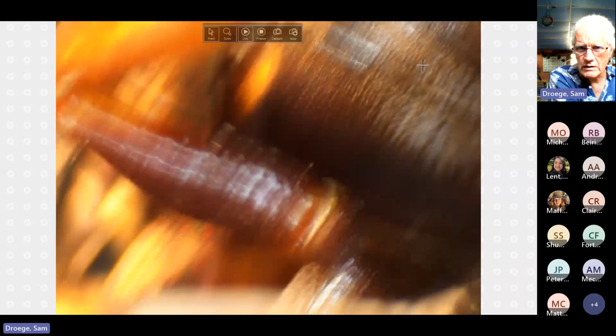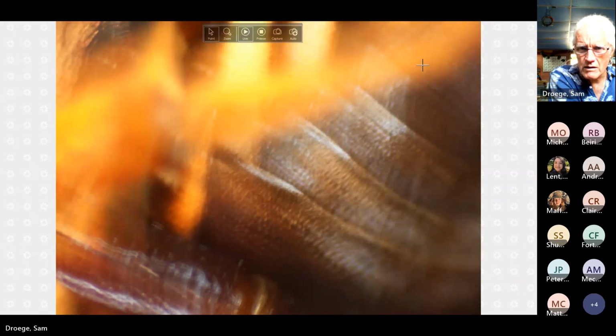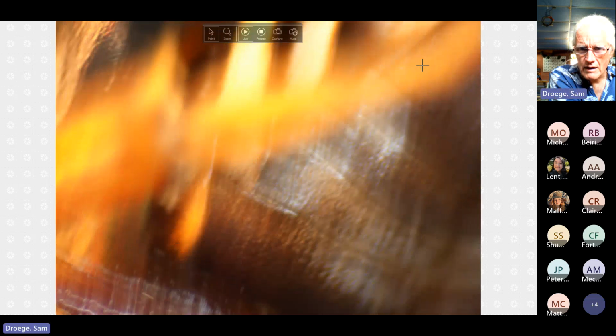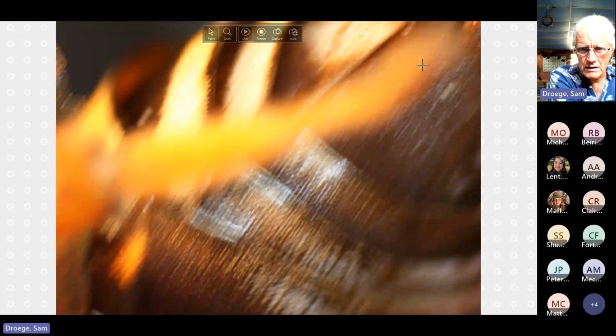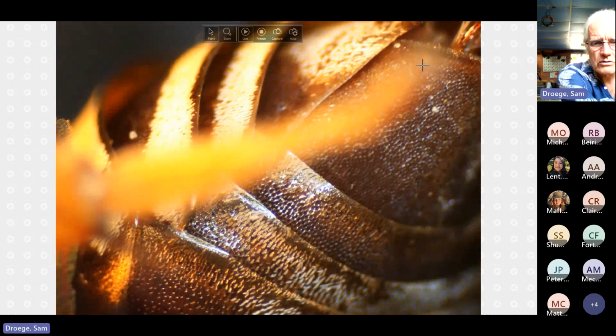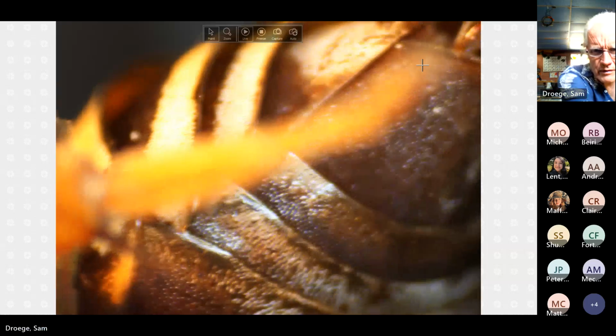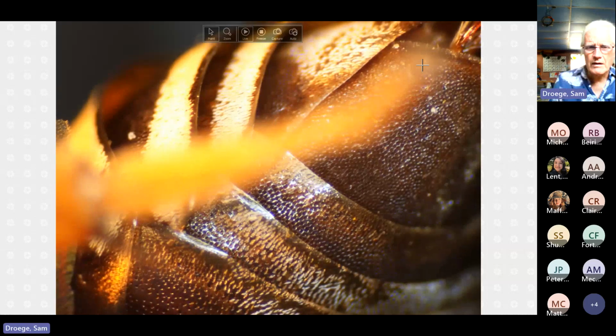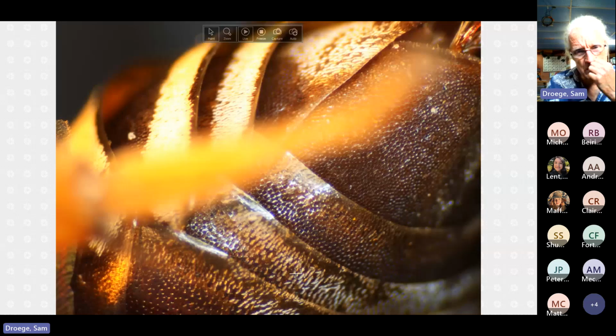So we're moving to higher power here, and I'm trying to eliminate the shake in this. There's some reflectance and maybe some goo here, but here are the white hairs, easier to see there.